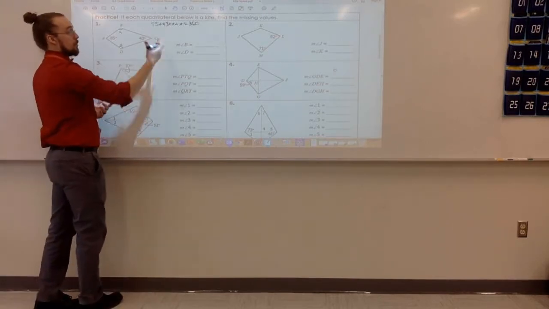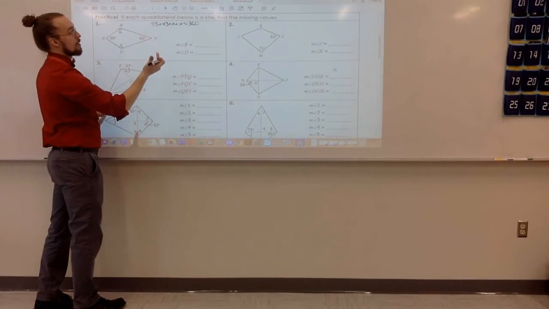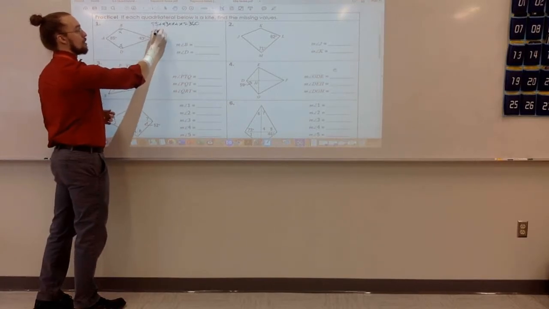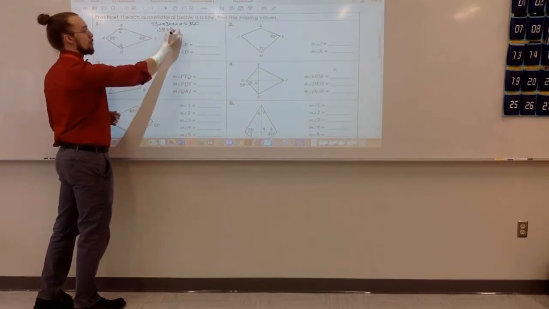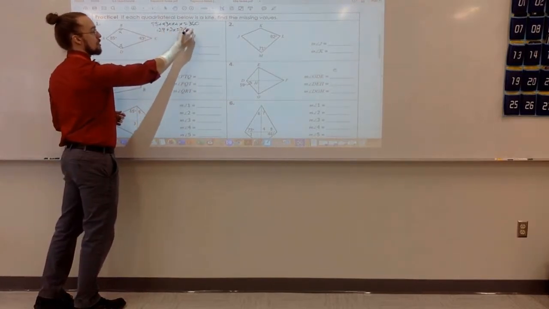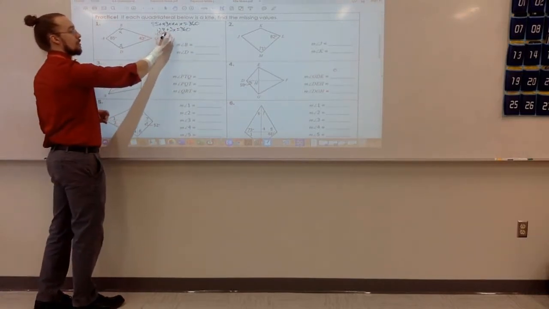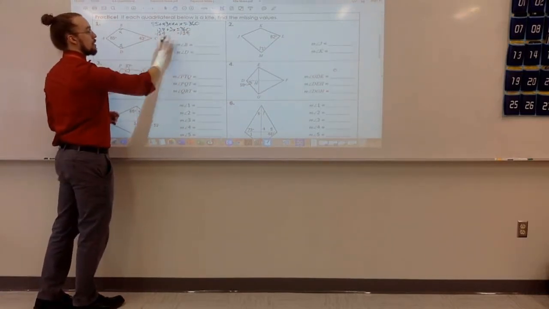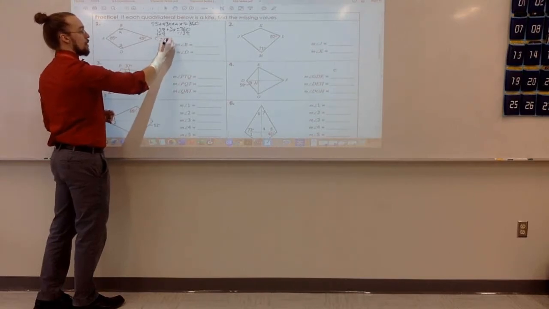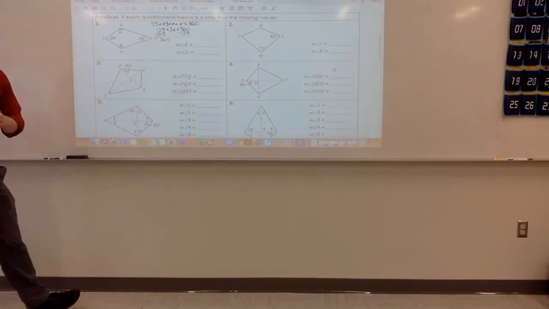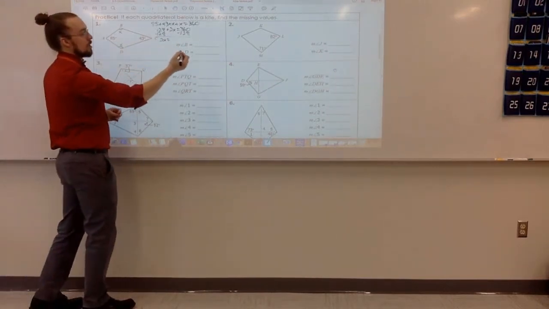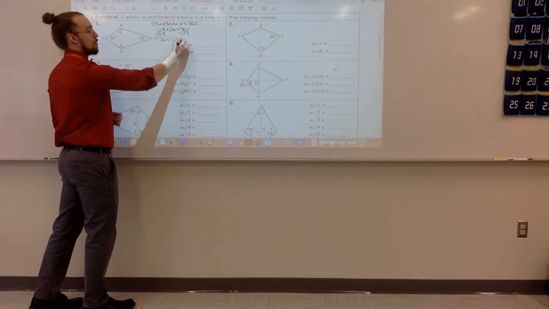So if we add our like terms together here, we'll have 128 plus 2x equals 360. Subtract the 128 over. Get 2x equals 232. Divide by 2.